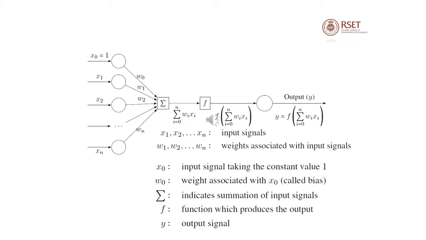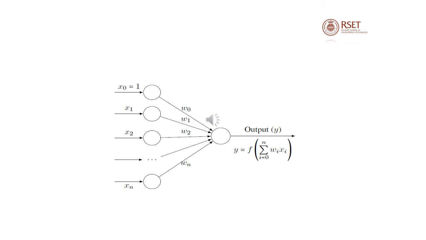Sigma indicates the summation of the input signals, f is the function which produces the output, and y is the output signal. So this is a simple architecture. We have inputs and different connections, each with a weight. Then we calculate the weights multiplied with the input values, and we apply an activation function over this net input. That is your output value.